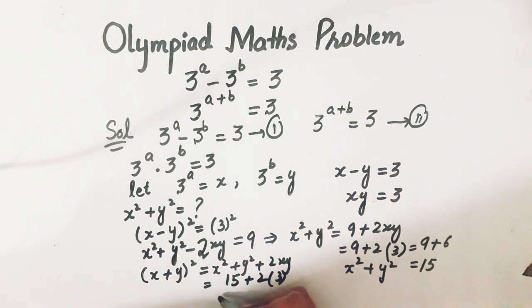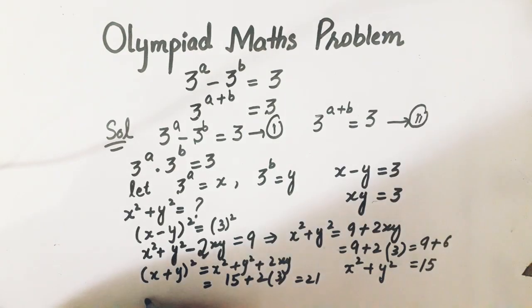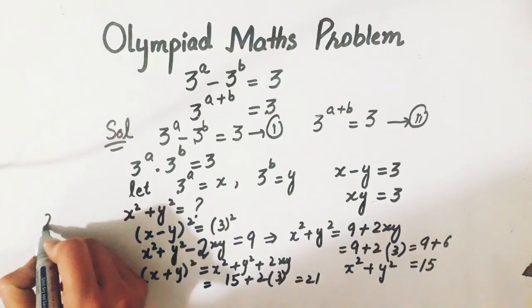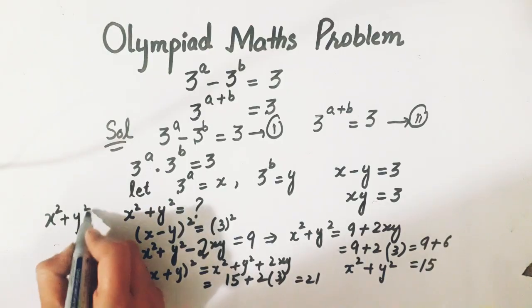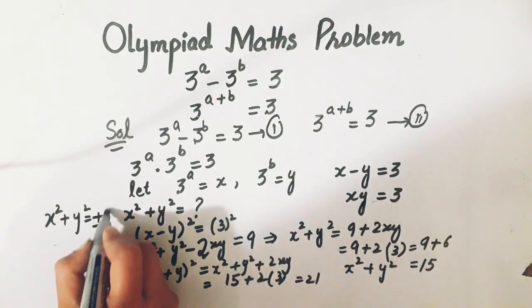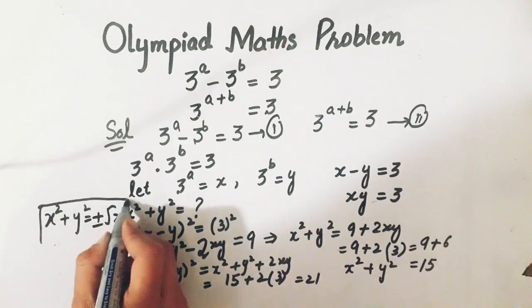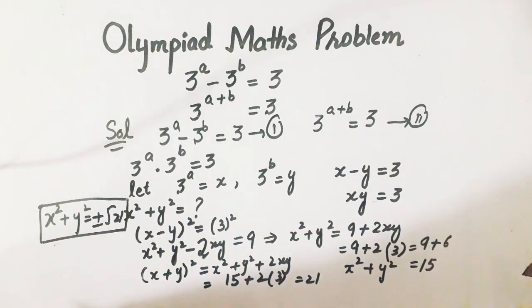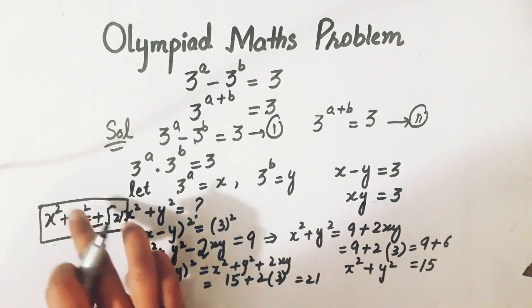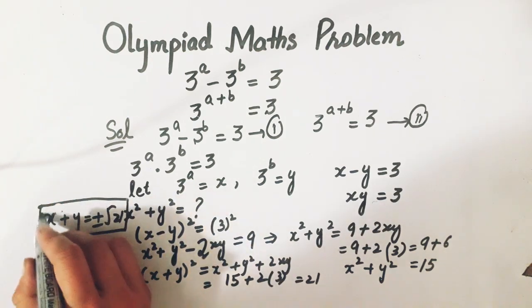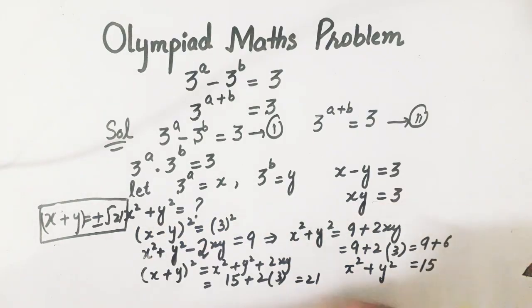So 15 plus 6 is 21. So x plus y equals plus or minus root 21, and x minus y is 3.